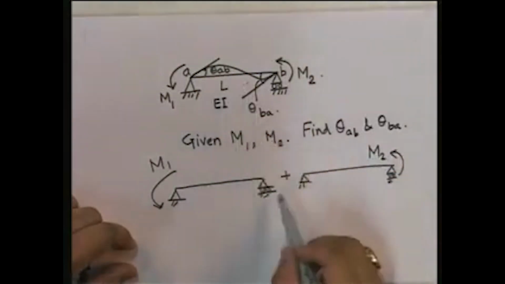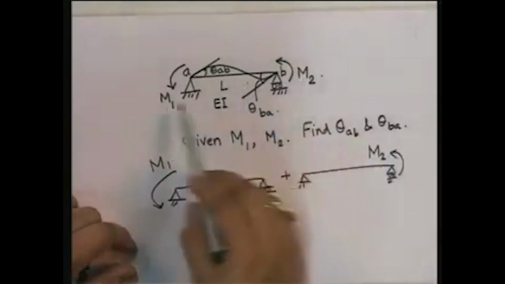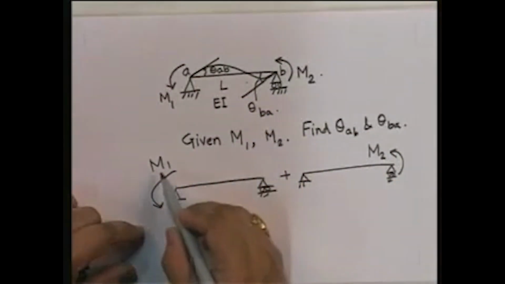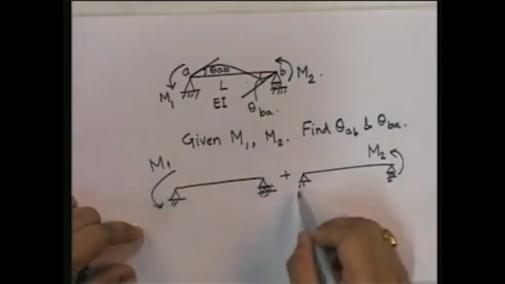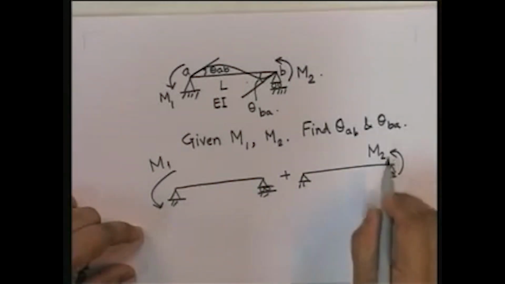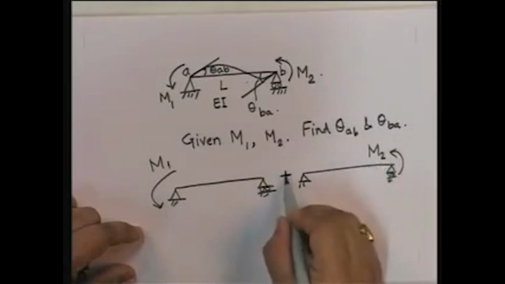You see, principle of superposition. If this is my loading, I can say that this loading is equal to M1 equal to M1, M2 equal to 0 plus M1 is equal to 0 and M2 equal to M2. Right? I can always say this.